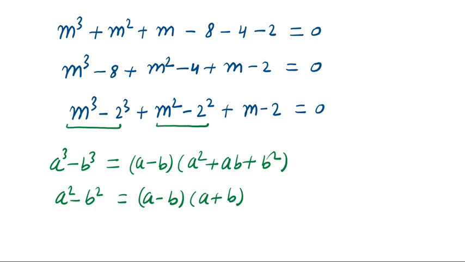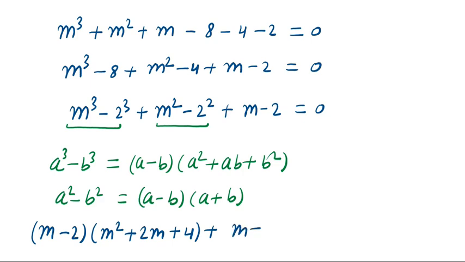Now m cube minus 2 cube we can write as m minus 2 multiplied by m square plus 2 times m plus 4, plus m square minus 2 square is m minus 2 times m plus 2, plus m minus 2 is equal to 0.